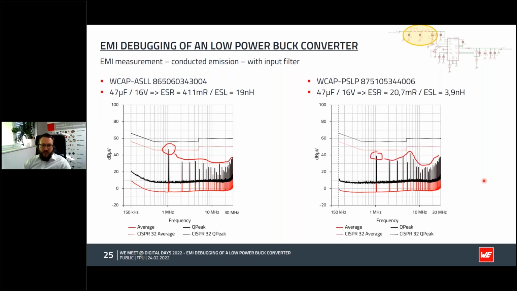Regarding the MLCC, the ceramic capacitors, we are also under the limit, and here we have maybe a better shape of the harmonics. But as I said before, really take care about the high capacitance MLCCs, because they lose capacitance, and then when there are some load transients, maybe there is too little capacitance to really have a stable design.